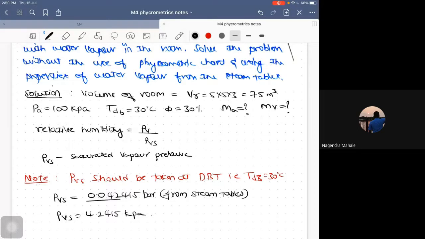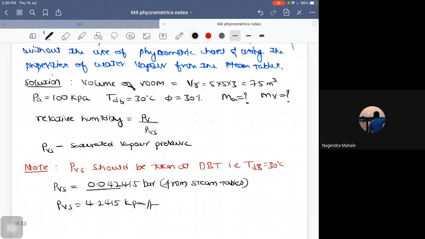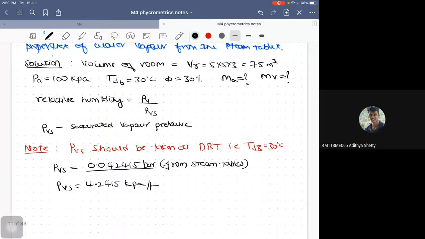PVS you have got. Clear? Any doubts here? No, sir. So once PVS is calculated, use the relative humidity phi.